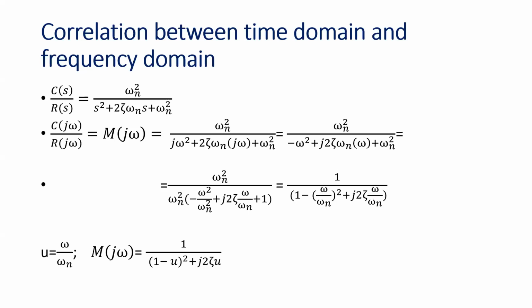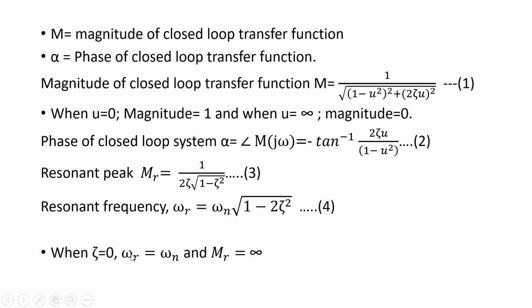Next, the correlation between the time and frequency domain. We take the transfer function of the second order system, then replace s by j omega, and omega by omega n can be written as u. So finally we get the magnitude, where m represents the magnitude.